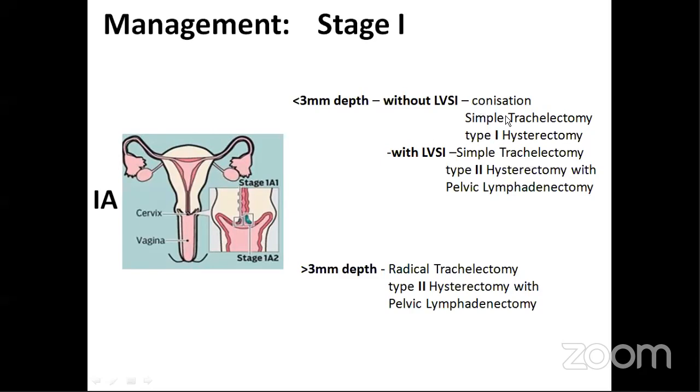Notice that here we are not doing conization. Yes, we'll deal with it in depth. Then in this case, with lymphovascular space invasion, we can go in for type 2 hysterectomy with pelvic lymphadenectomy, which is also called Bernstein's hysterectomy. Next, if it is stage 1A2, then we can go for radical trachelectomy or type 2 hysterectomy with pelvic lymphadenectomy.